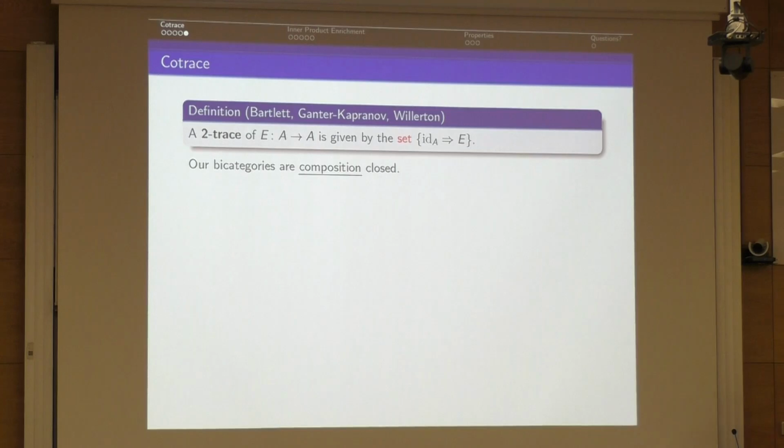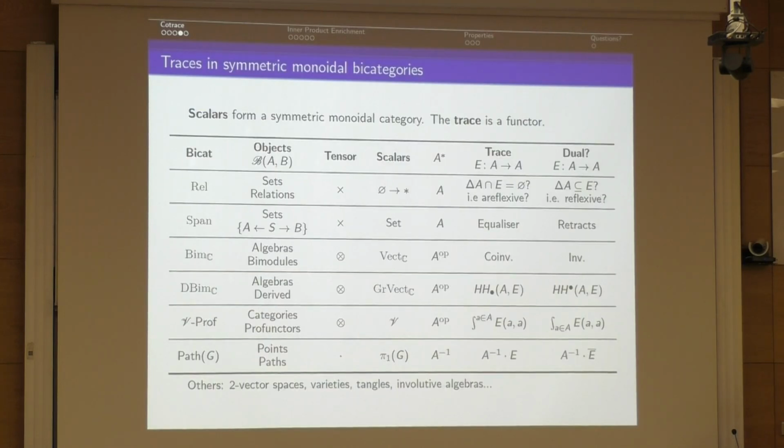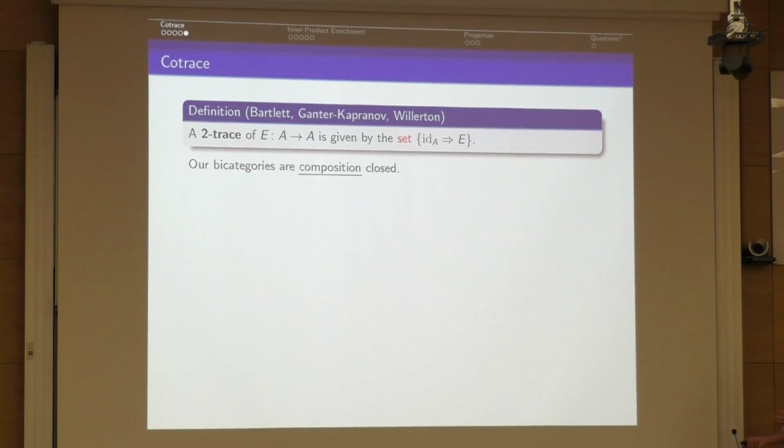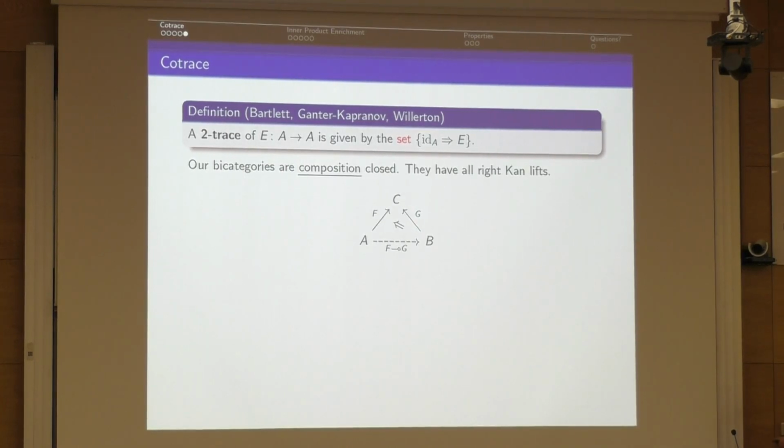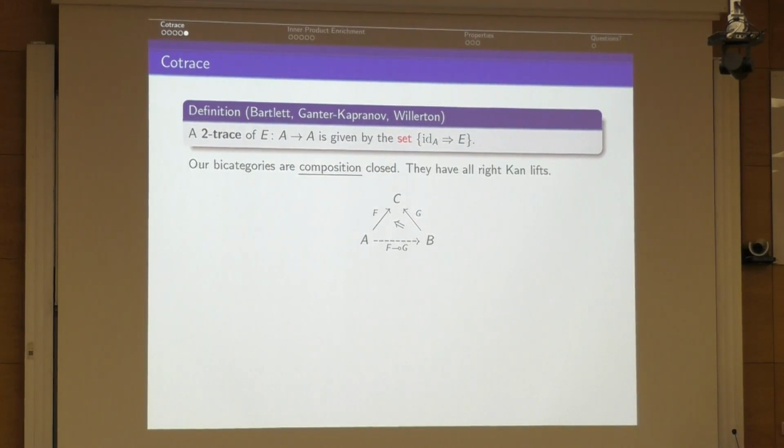And there's an alternative way of viewing this, which is by considering the fact that in each of these examples, we're not just closed symmetric monoidal, but we're also closed compositionally. So what this means is we have all right Kan lifts. I should point out that I use this lollipop notation for Kan lifts, for various reasons that I won't get into now.